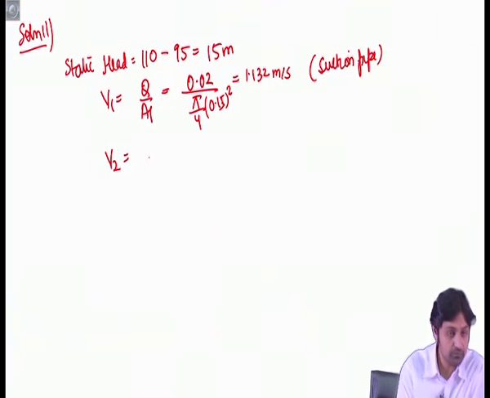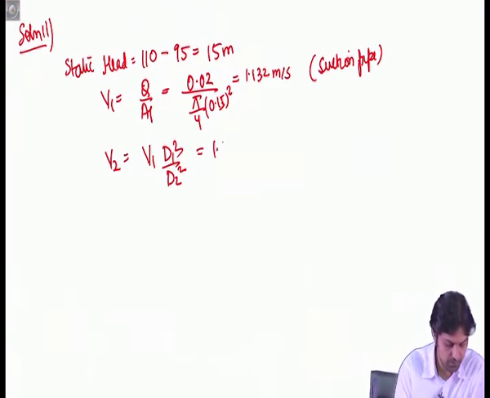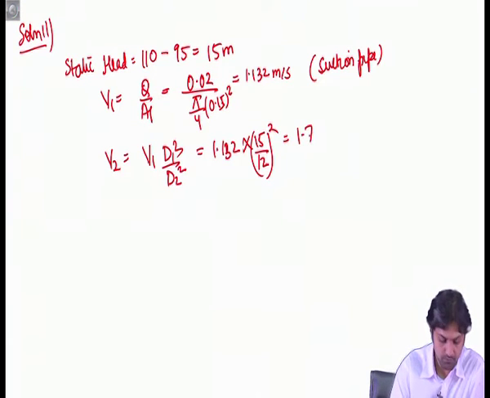We can use A1 V1 equal to A2 V2, and therefore V2 can be written as V1 times D1 squared by D2 squared, or you can do Q by A2. D1 is 15, D2 was 12, and therefore it comes to 1.769 meters per second in the delivery pipe.